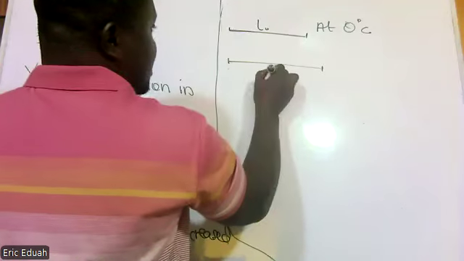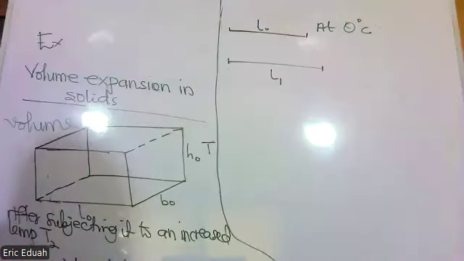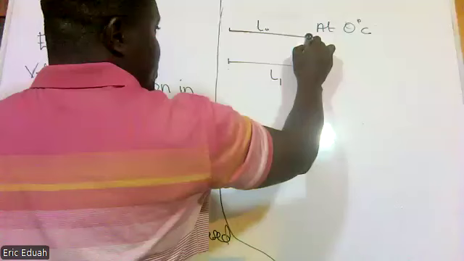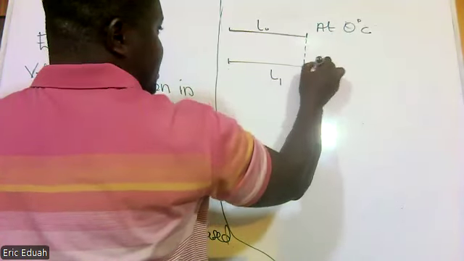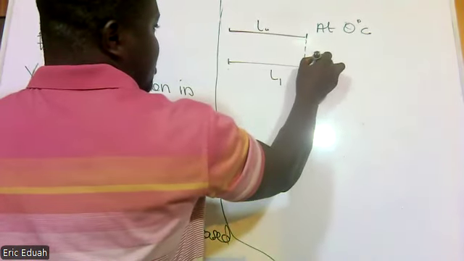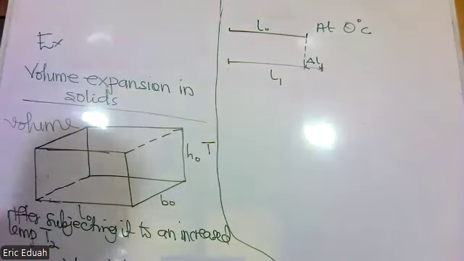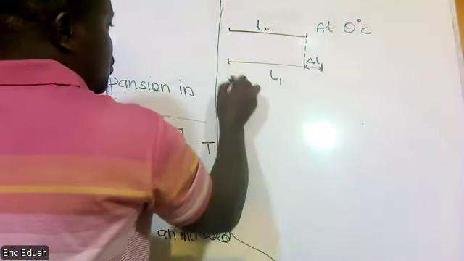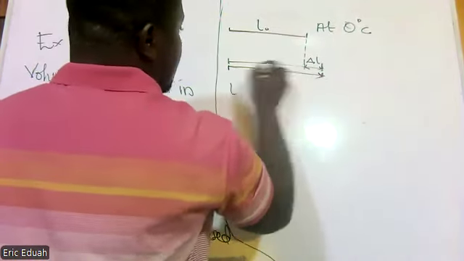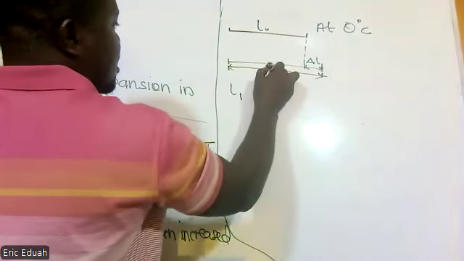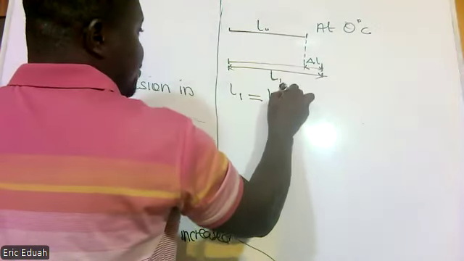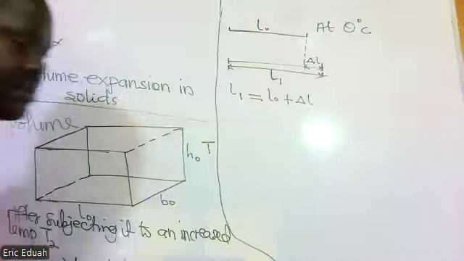So this whole length is L1, the final length after being heated, meaning that the increase or the change is this distance, delta L, a small change there, meaning that L1, which is the final length, will be equal to L naught plus delta L.